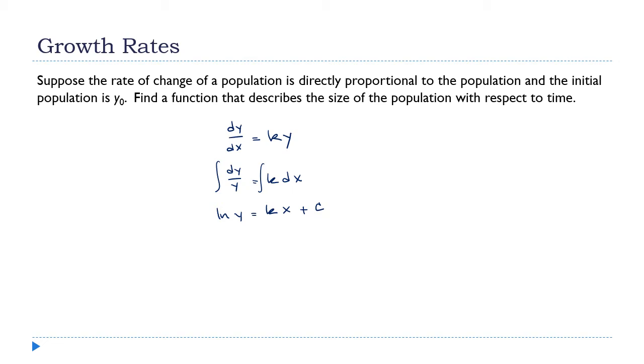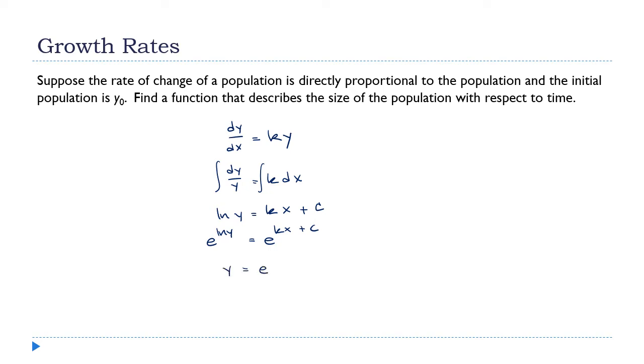So let's raise e to both of these expressions. e to the log of y equals e to the kx plus c. e to the log of y is just y. And this, I'm going to split up.